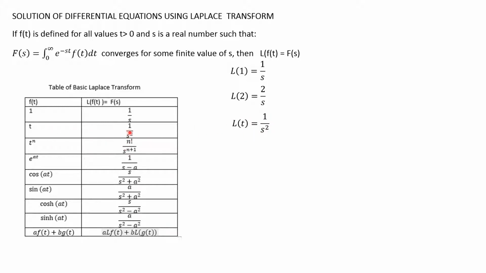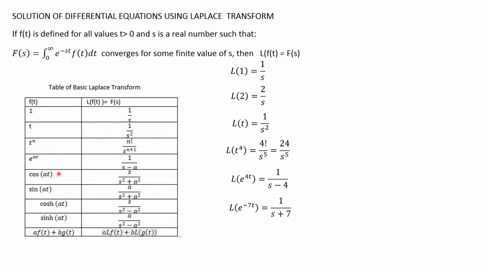The Laplace transform of t to the 4th is here, where n is 4. So here we have simply 4 factorial over s to the 5. That's 24 over s to the 5. The Laplace transform of e to the 4t, look at this formula, that's 1 over s minus a. So it's simply 1 over s minus 4.